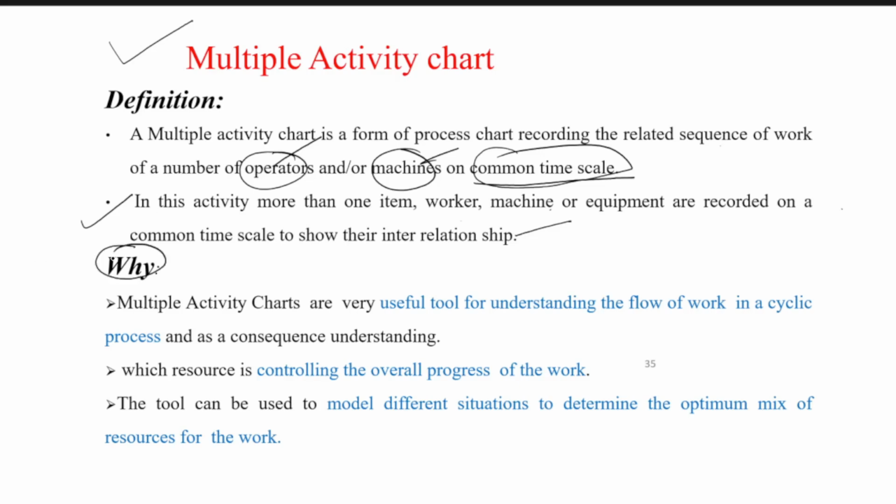So why are these useful? They are a useful tool for understanding the flow of work in a cyclic process, and as a consequence, understanding which resource is controlling the overall progress of the work, and the tool can be used to model different situations to determine the optimum mix of the resources for the work.